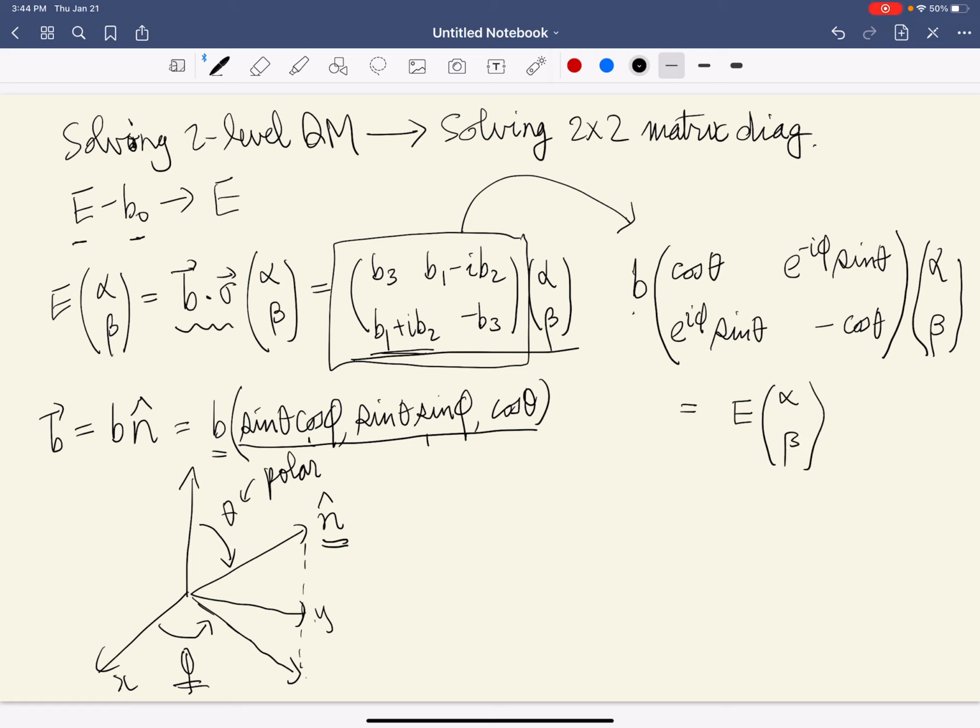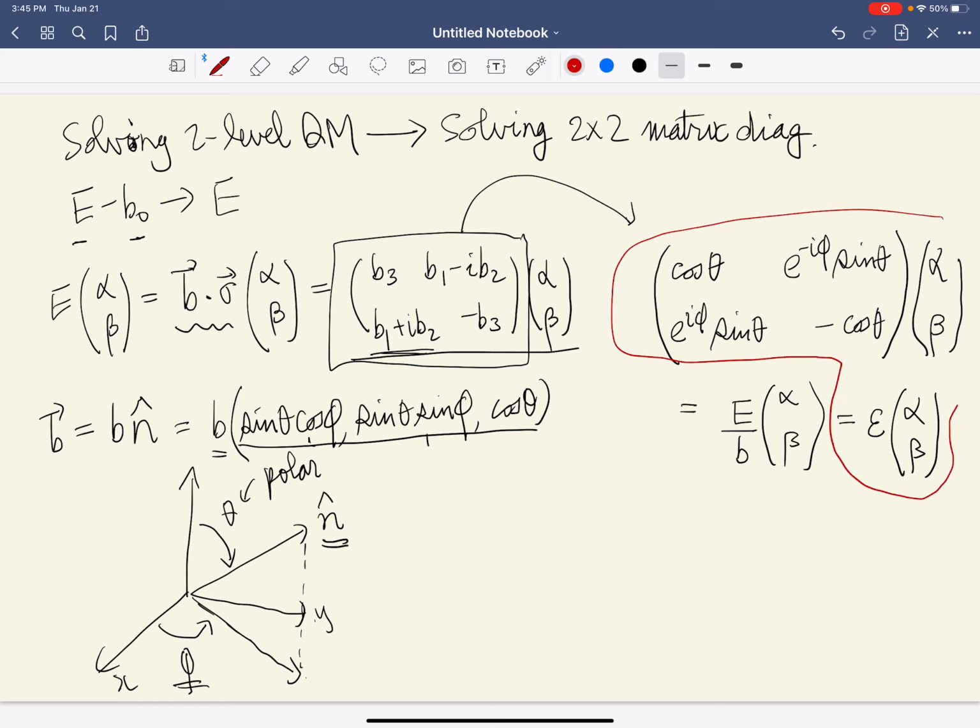But then since B is some positive number, you can always divide both sides by B like that. And then maybe E over B I can call epsilon. Okay, and then the whole problem reduces to that of solving the eigenvalue problem given in this form.